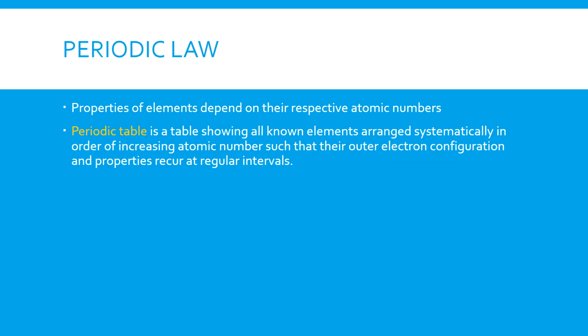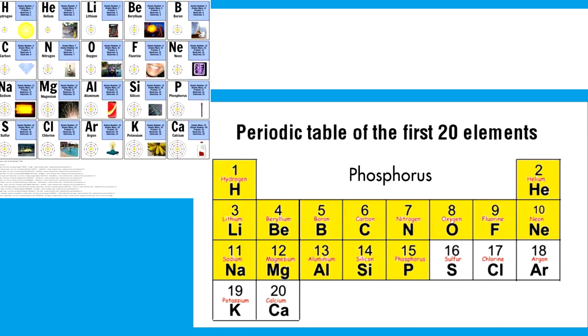So let me paint a better picture of what I was saying. This is a periodic table that you are aware of. You can see that this is group 1 running from top to down: hydrogen, lithium, sodium, potassium. Beryllium, magnesium, calcium, that's group 2.